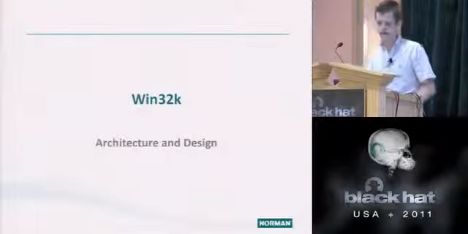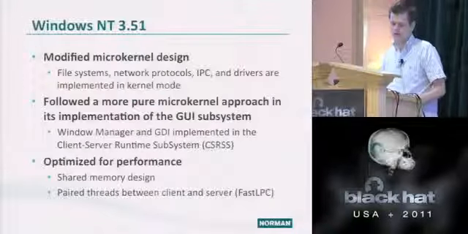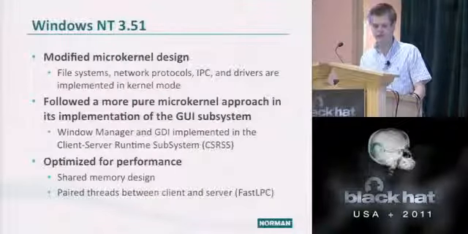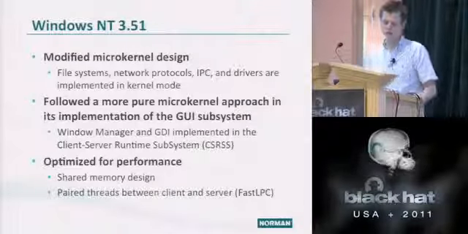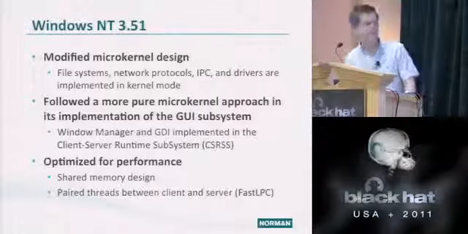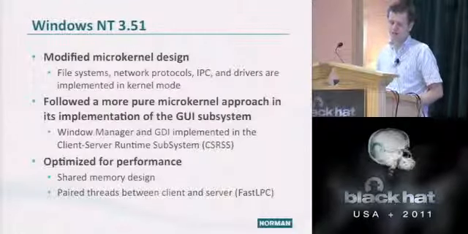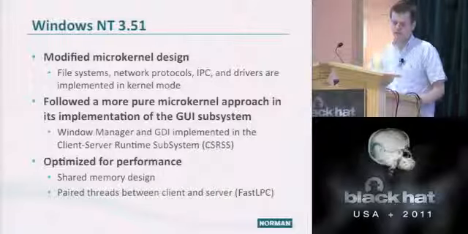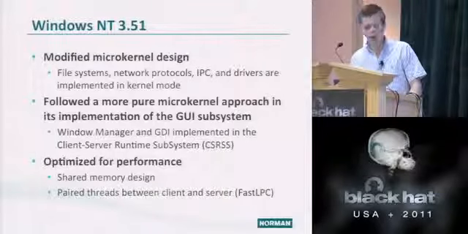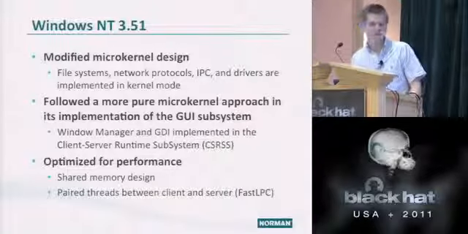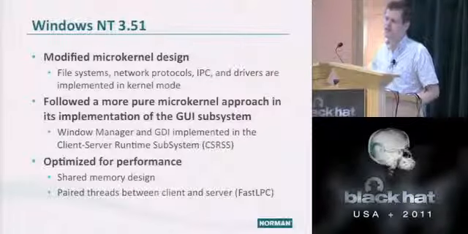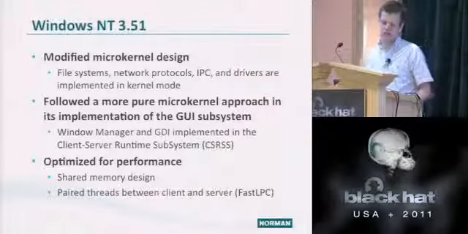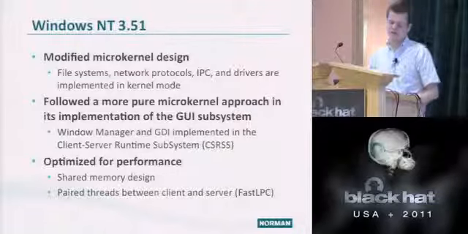So we'll go over to Win32k. Like I said earlier, Windows in general is a modified microkernel design, meaning that the file system, network protocols, and drivers were all in kernel mode. But in NT 3.51, they followed a more pure microkernel approach in the implementation of the GUI subsystem. This means that the window manager and GDI were implemented in user mode.